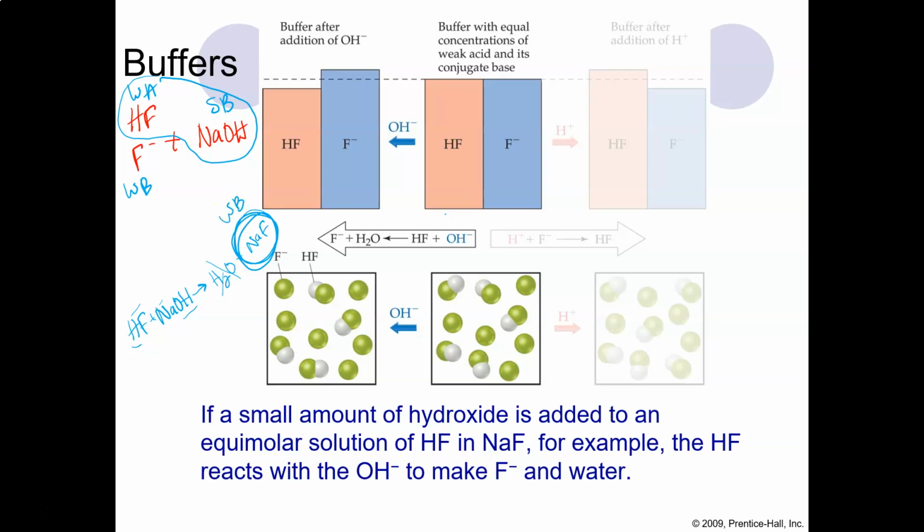So that means that the pH is not going to change nearly as much because we just neutralized the strong base, leaving just a weak base. So we still would see the pH increase. We're adding a base, so the pH would go up. But it would not increase nearly as much as it would if that HF had not been there.